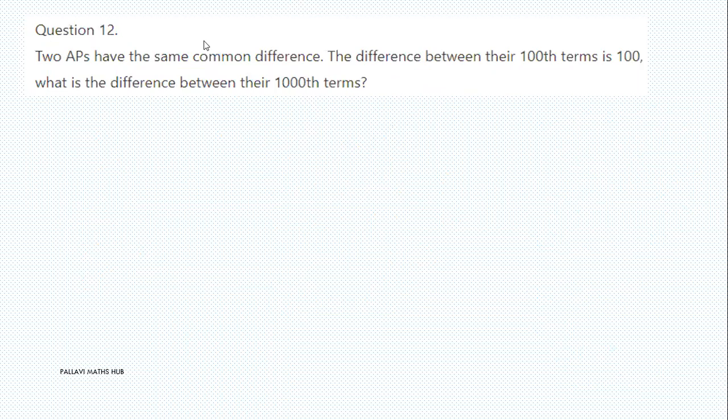This question is also very important. Look here. Two APs have the same common difference. So consider your first AP: A1, A2, A3, A4 and so on. This is the first term.